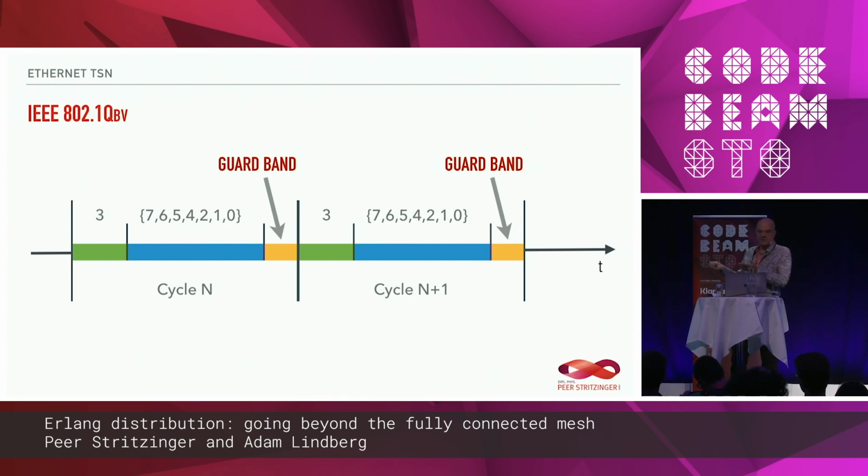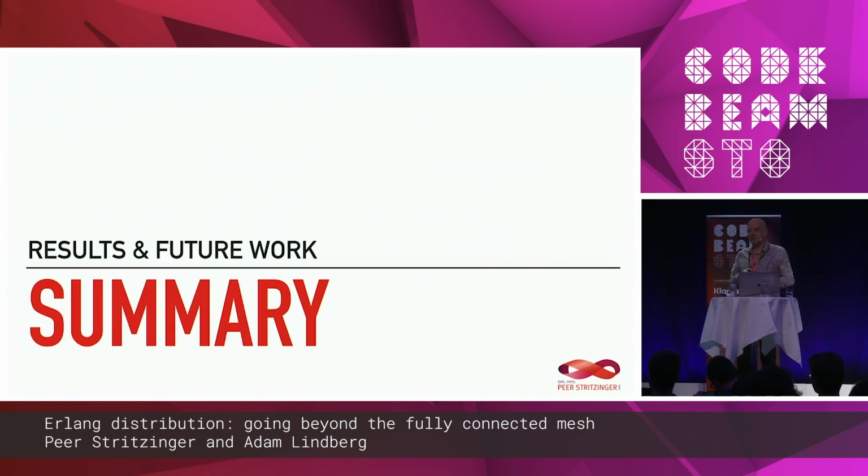And you can buy little tiny automotive switches that implement this. And we're actually working with this. And if you combine this with UDP and the Erlang distribution over UDP over TSN, then you can have this hard real-time or bounded latency distribution protocol.